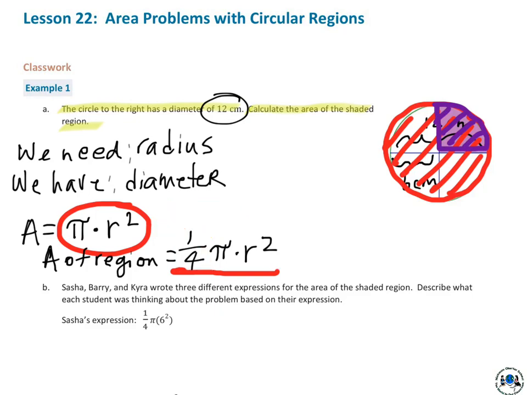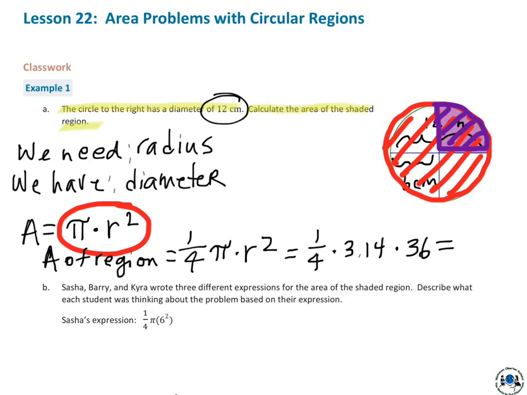And I better get rid of all these new strokes here. Then I just follow through with it. I have 1/4 times 3.14. I'm using the actual rounded value for pi here.